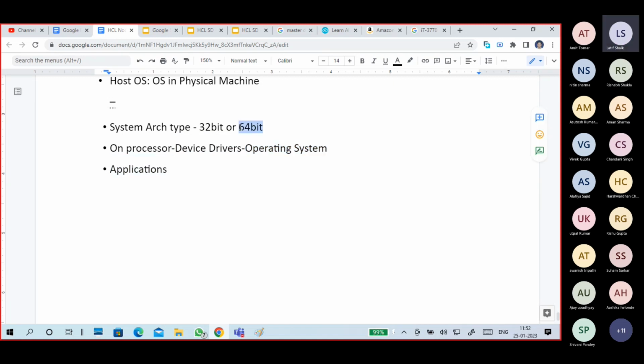If it is a 64-bit system, it has a 64-bit processor, 64-bit drivers, and a 64-bit operating system.